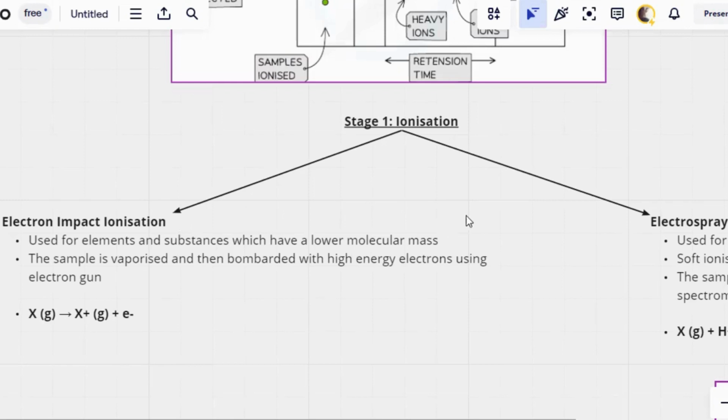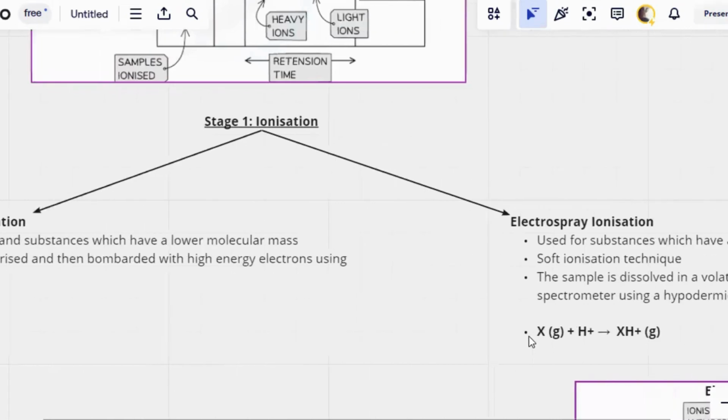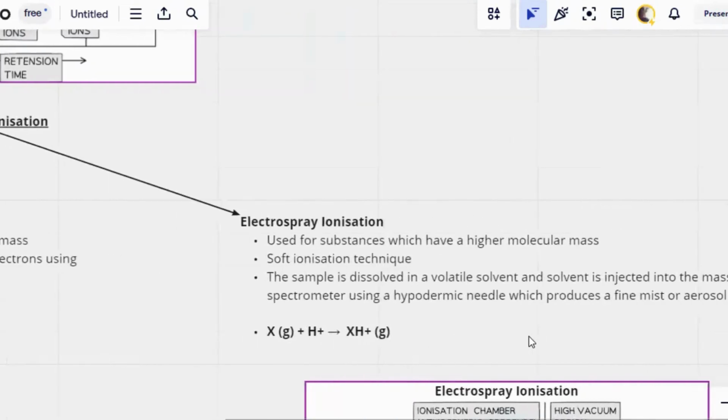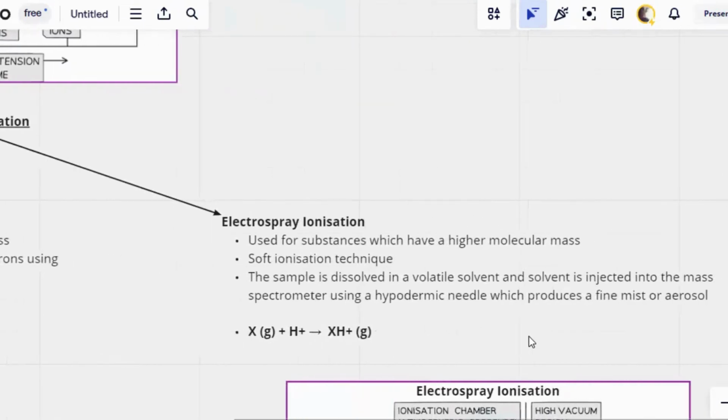Now let's talk about electrospray ionization. What is electrospray ionization? Basically, this method is used for substances which have a high molecular mass.